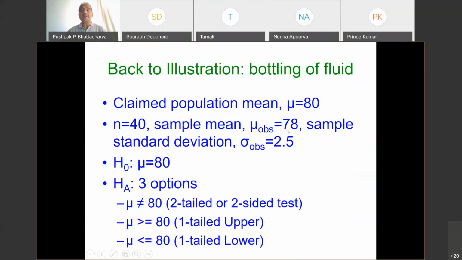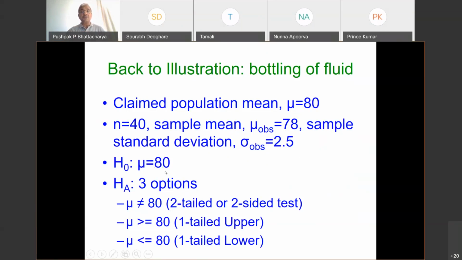The sample mean is 78. Standard deviation is 2.5. Now the null hypothesis we make is that indeed the population mean is 80. That means the factory's claim is correct. The factory's claim is 80 milliliter per bottle.